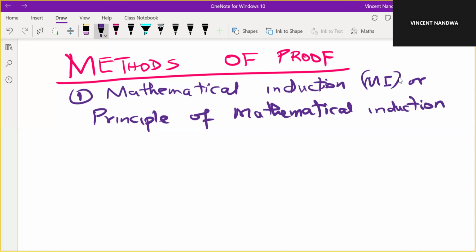So when we say principle of mathematical induction, then we abbreviate it by PMI. So when we'll now be solving problems, I'll just be using the abbreviation PMI to mean principle of mathematical induction, okay? Yeah. And then another method of proof is called contradiction.